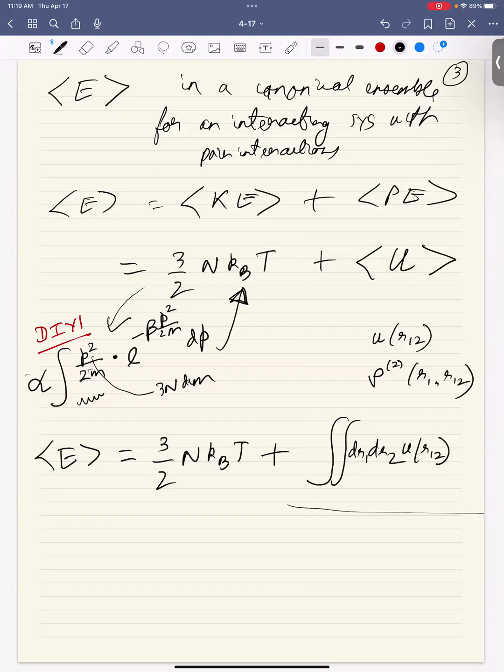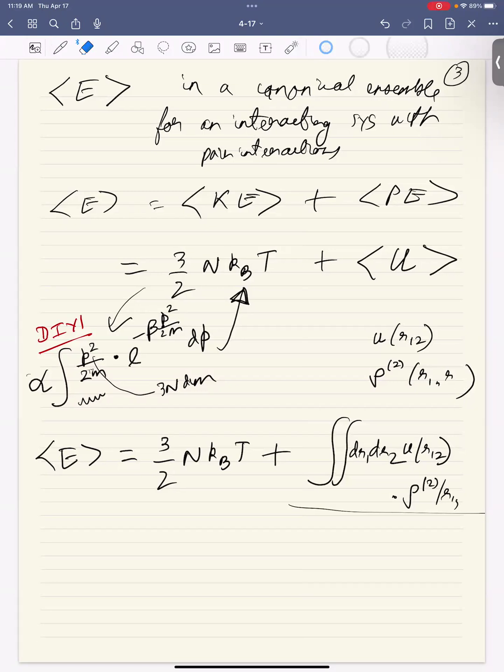But this does not account for the probability of finding two particles at R1 and R2. What is that probability? That probability is ρ2 of R1, and here I wrote R12, that's wrong, it should be R1, R2. That probability is ρ2 of R1, R2.